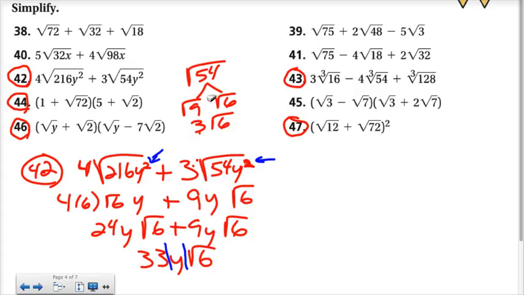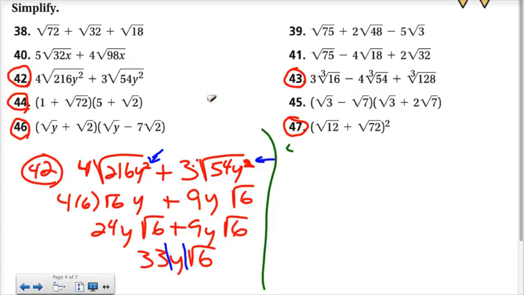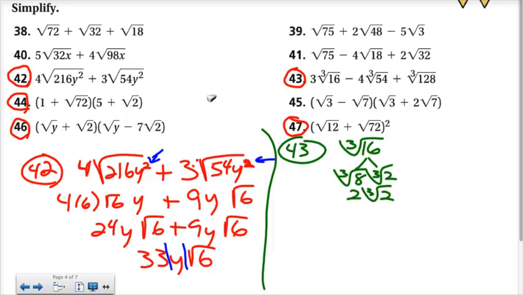Let me see if I can fit that on here. All right, so this one, I see 3 cubed roots of 16, and I think about that cubed root of 16, and I know that's the cubed root of 8 times the cubed root of 2. So that's going to give me 2 cubed roots of 2.